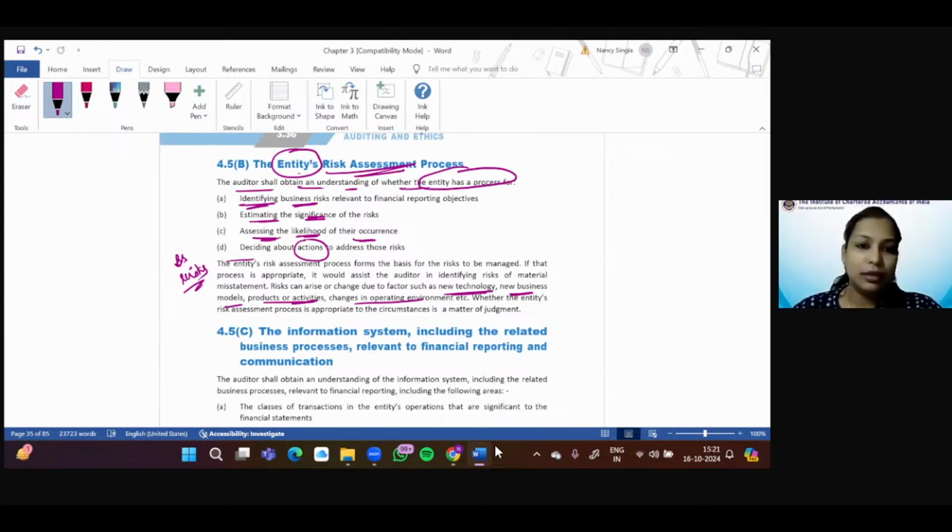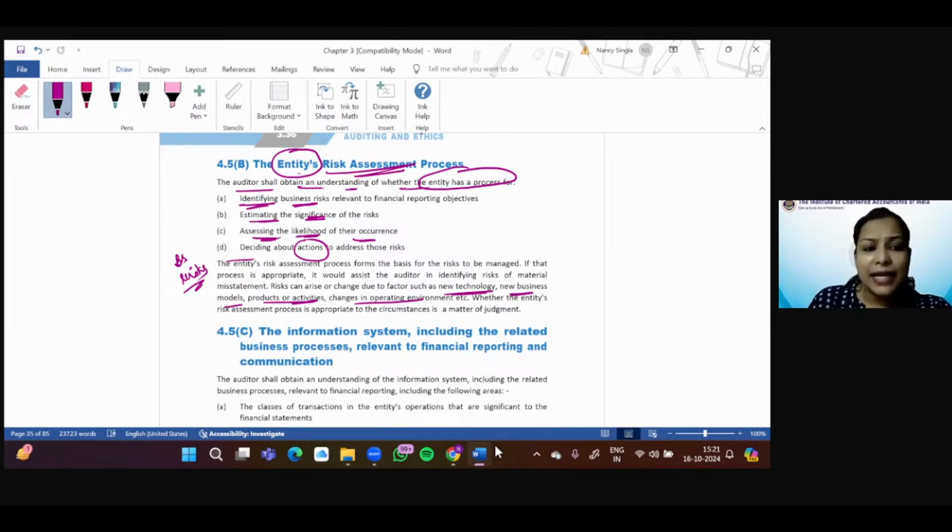Say the entity has identified that a new technology has come, estimated whether it is significant for the organization, and assessed the likelihood, how much chance there is that the technology will be there in the market. Then how to deal with it, the actions, right?